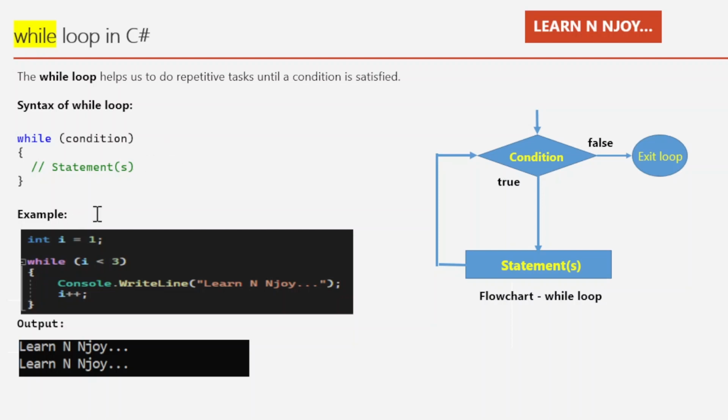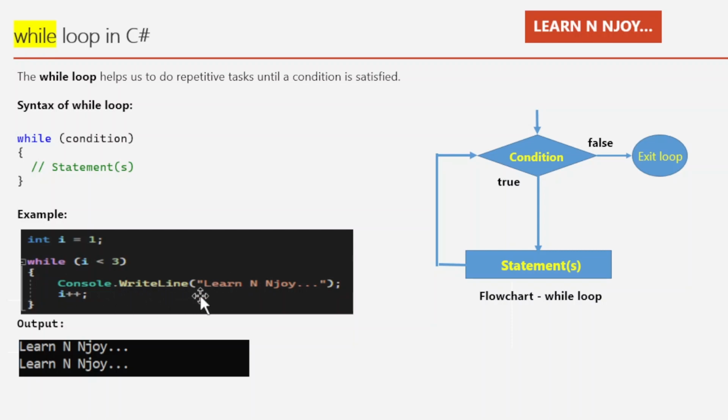Okay, let's see the example shown over here. Here I have written i = 1, and then while i < 3, and in between these two curly braces I have written this statement Console.WriteLine("learn enjoy"), and then I have written this i++ operator, right? What this while loop does is print "learn enjoy" into this console window, but how many times?